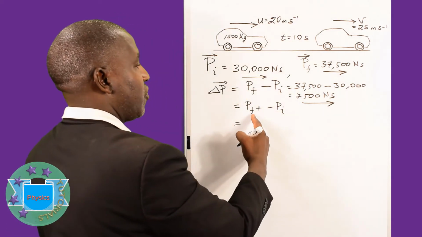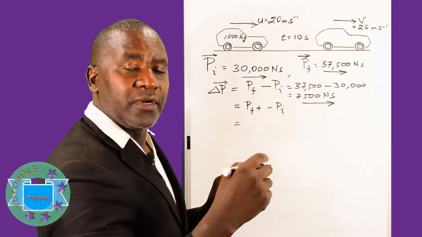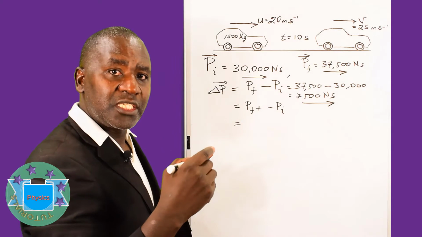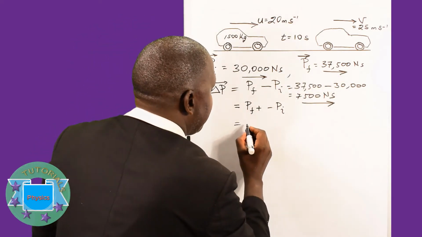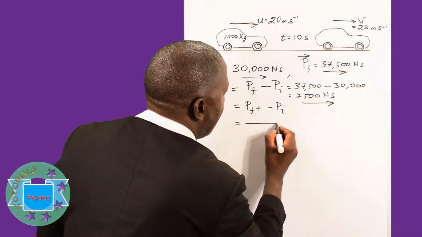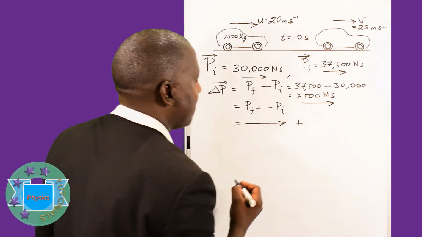The final momentum, which is this one, if I use the same scale of 1 centimeter representing 1000 Newton seconds, this will be 37.5 centimeters, and it will be a longer arrow like that. And then plus.